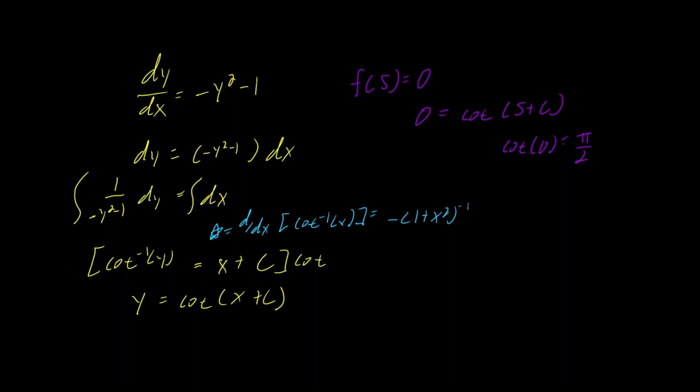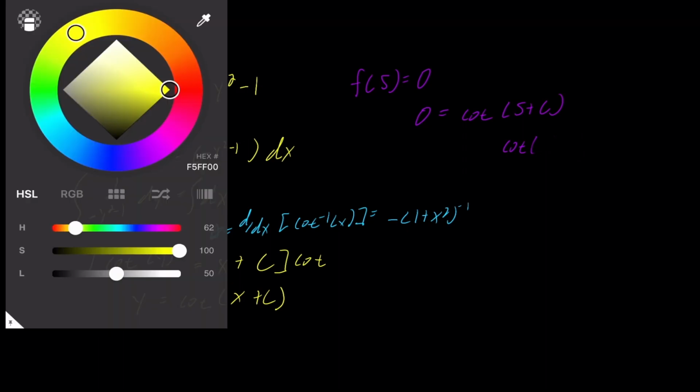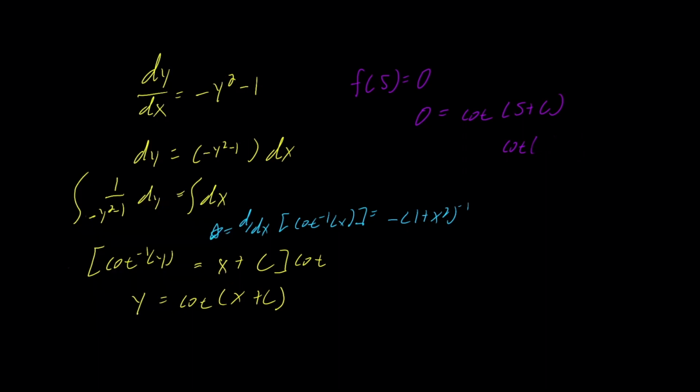And actually, it should be cotangent of pi over 2 equal to 0. So let me just fix that up for you guys. So yeah, it should be the other way around, such that cotangent of pi over 2 is equal to 0.